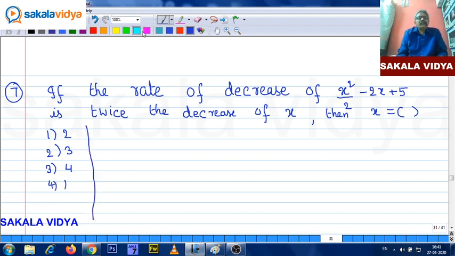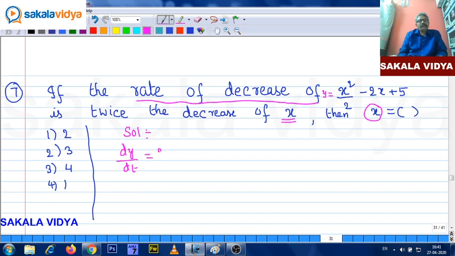Similar to the previous problem only, this is the rate of decrease of this one. Let us say this is y. That means dy by dt equals twice the rate of decrease of x. So dy by dt is equal to 2 times dx by dt. Let us say y equals x square by 2 minus 2x plus 5.